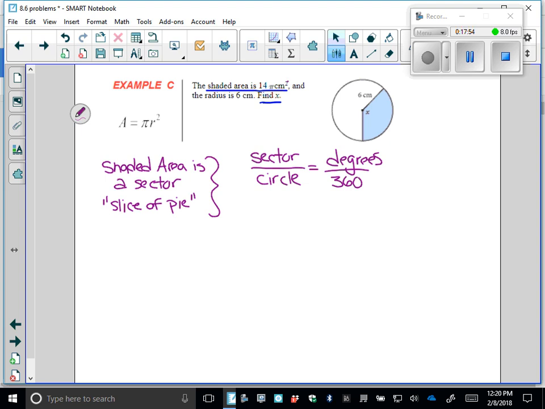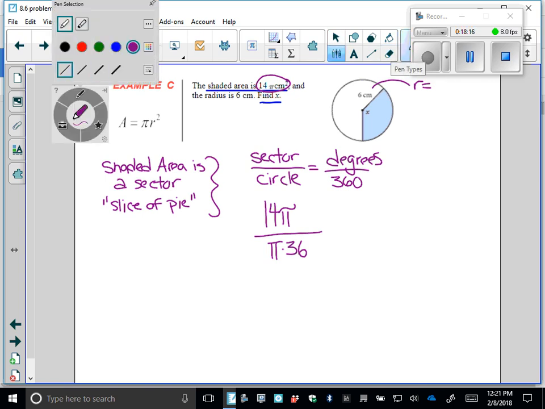This time I have the sector, so 14 pi over pi times 36, because r is 6. So pi r squared equals 36 pi.